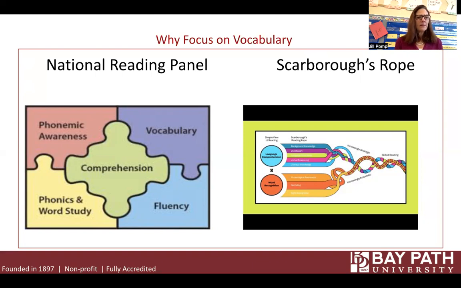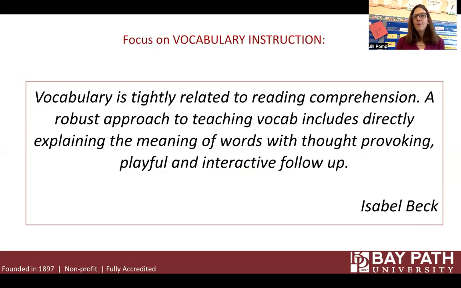As a matter of fact, we know that we can spend all day teaching reading strategies and skills, but if a child does not have both background knowledge and vocabulary knowledge, their comprehension will be compromised. So what can a teacher do? Well, we can focus on vocabulary instruction.